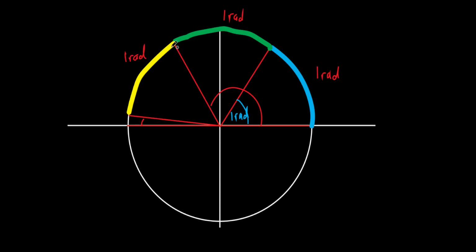Here's 1, here's 2, here's 3, and a little tiny bit. What's 3 and a little tiny bit? It's pi. 3 point what? 14. So guess how much this little angle right there is of a radian? 0.14 of a radian. Everybody see that?